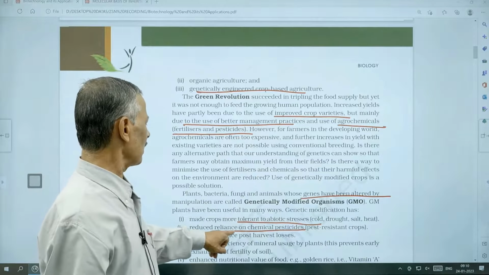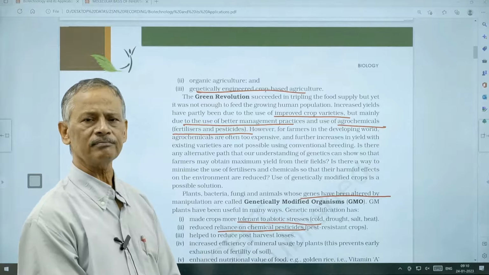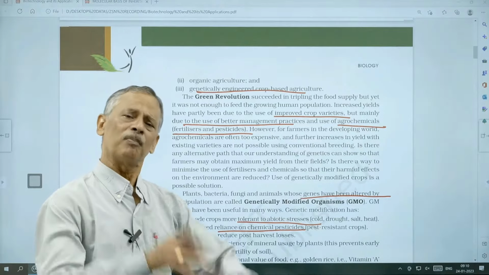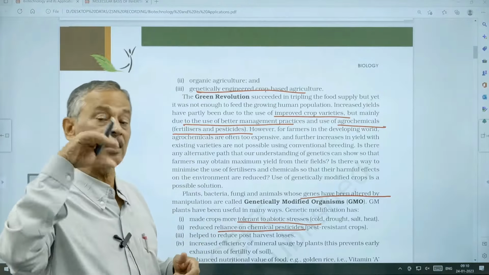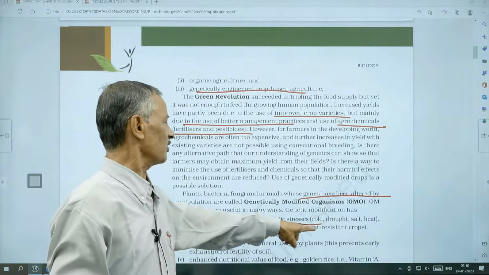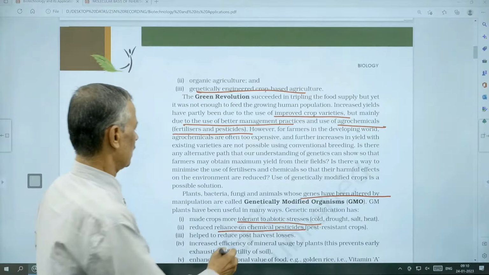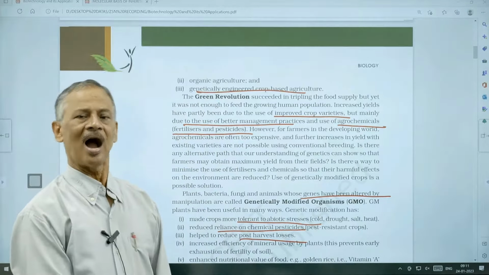So, reduce the reliance, the dependence on chemical pesticides. Why? Because the plants have become resistant to the pest. We are making them resistant to pests. So, pest resistant crops.